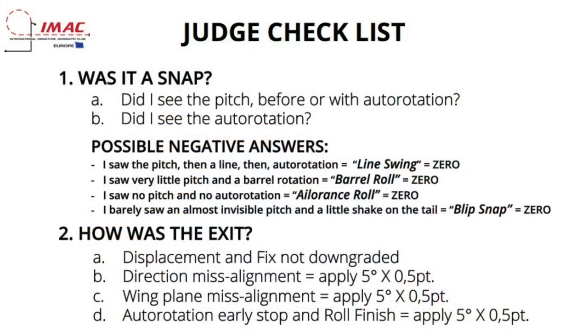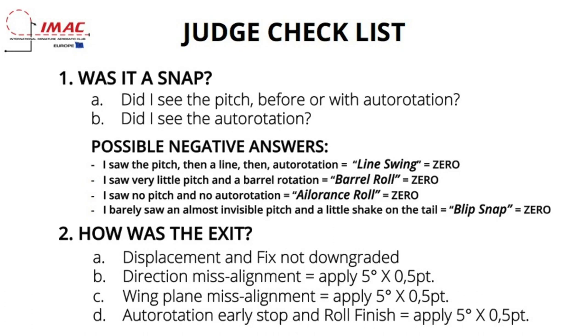Here we have written up the checklist that the judge should keep in mind when assessing a snap. First question, was it a snap? And we cover its content with the 5 possible snaps that you can see up in the air. And then how was the exit?